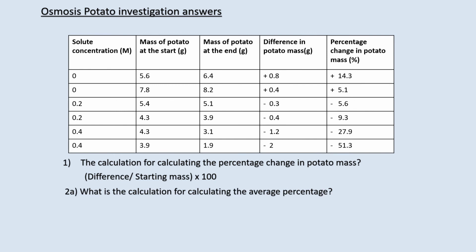So the next question is, what is the calculation for calculating the average percentage? So for calculating the average percentages, you'd have to add them all up, and then you'd have to divide them by the number there is. So you'd have to find the total. So add this one to this one, this one to this one, this one to this one, and this one to this one.